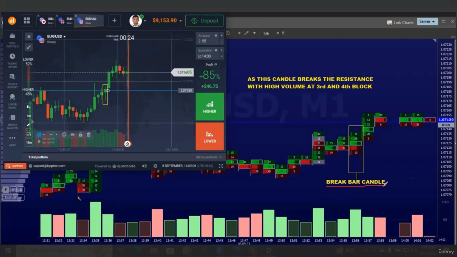So this is the break bar candle. The break bar candle is a little above the opening price, and breakout happened. This candle in the chart, the breakout happened. Volume is high.